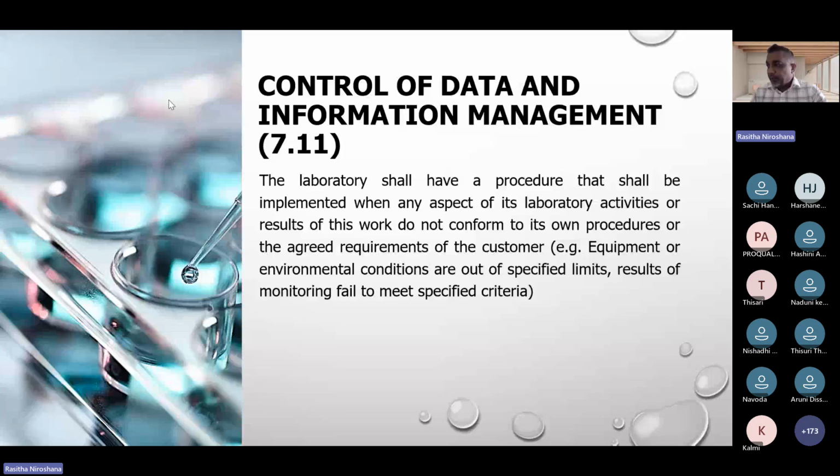Sometimes you can erroneously delete some figures. Or if you are using Excel, some labs have their own Excel worksheet. If you don't lock the worksheet, maybe an entire sheet can be deleted, or there can be erroneous typing of figures. Those factors are really harmful for data accuracy, so we need to consider them as well.